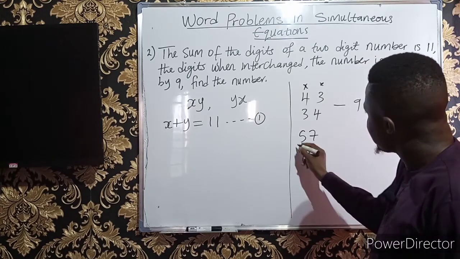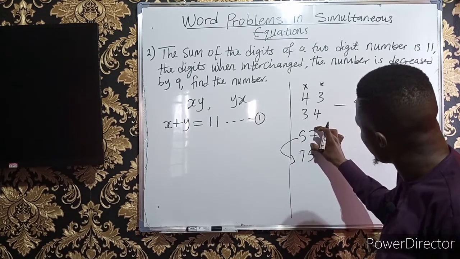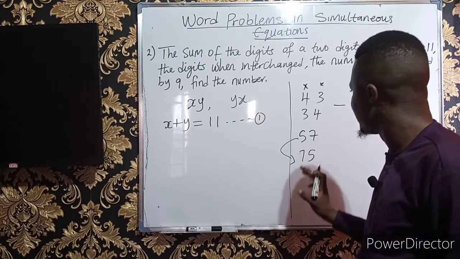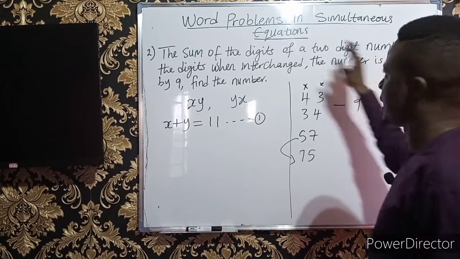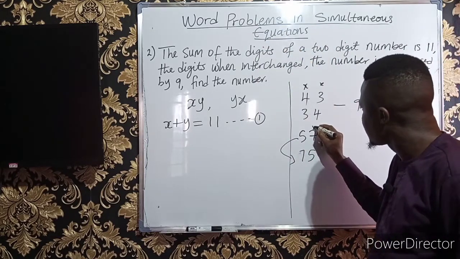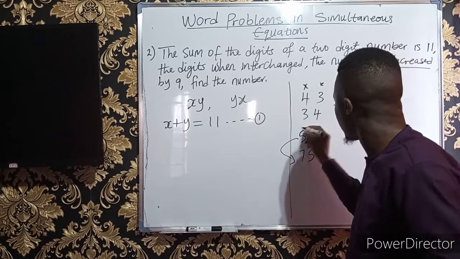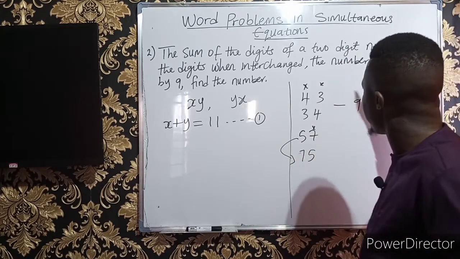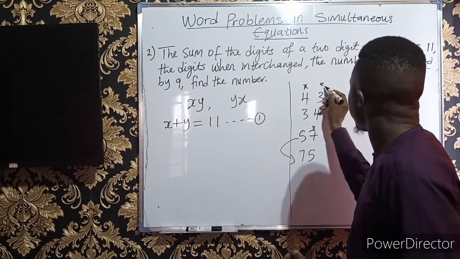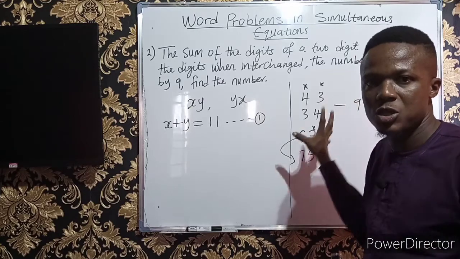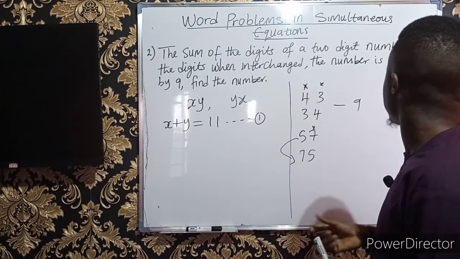So the interchange I made here caused this number to increase from 57 to 75. So an increase is made, no more a decrease, like this question. So when an increase is made, it means that the first digit is lower than the second digit. But when a decrease is made, it entails that the first digit is higher than the second digit. This is another important piece of information you need to know when you encounter problems like this.